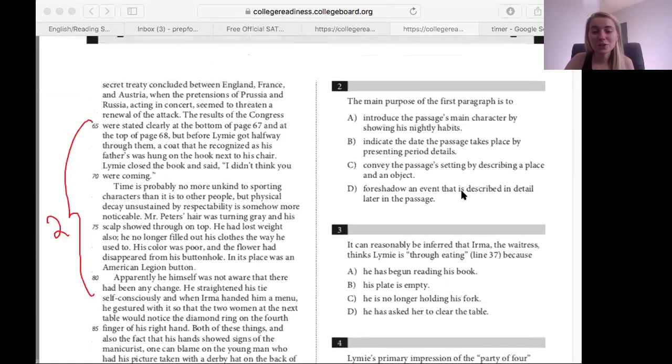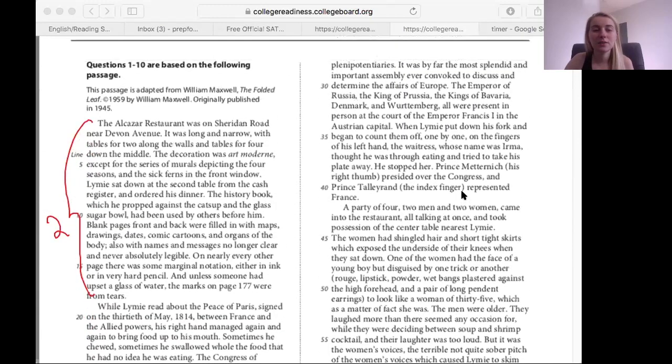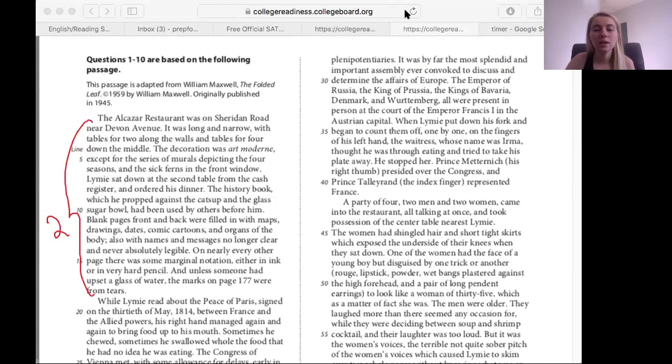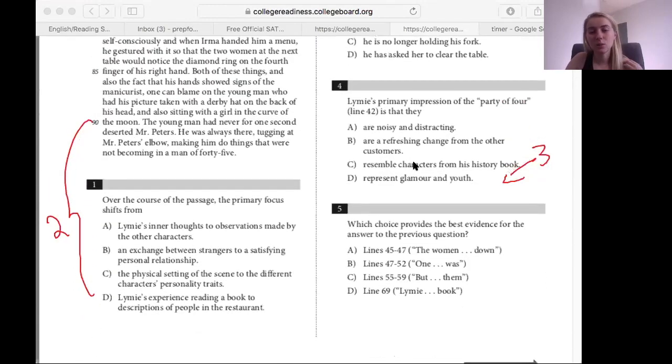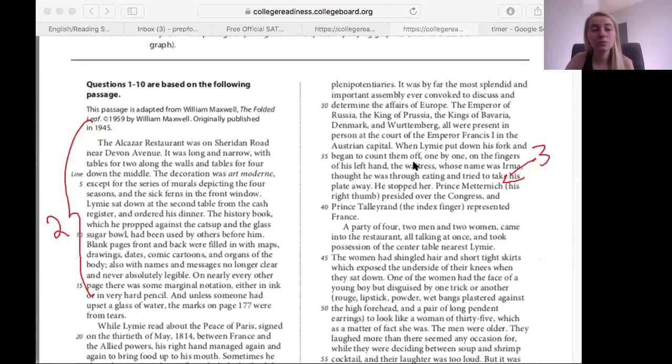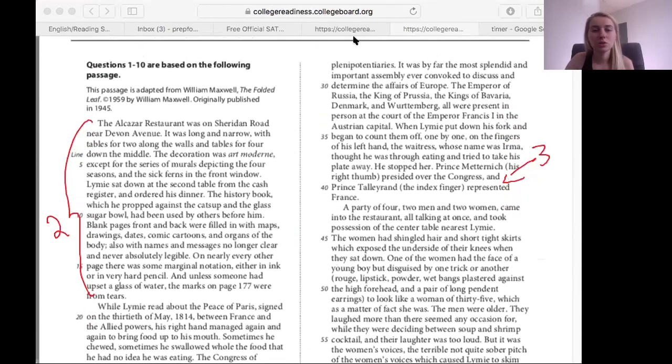I don't care what the question is asking, but line 37 is talking about question 3. So I just go to line 37 and simply put number 3. Then I'll continue to move forward and see that question 4 is line 42. So I'll literally just go to line 42 and put question 4.